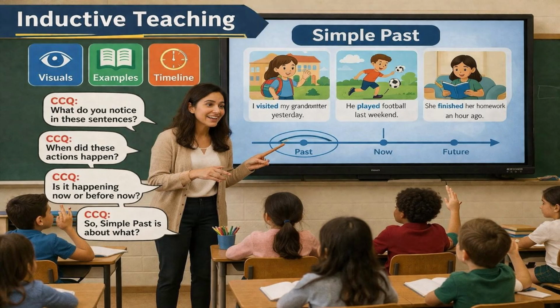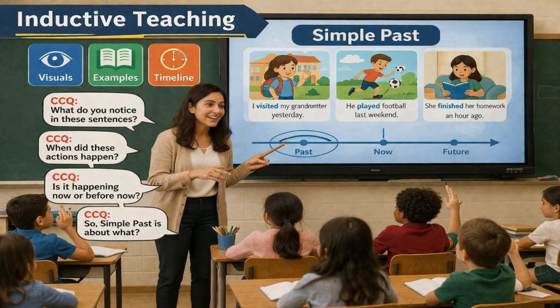For example, the teacher shows sentences like, "He played football yesterday. She visited her grandmother." Then asks, "When did these actions happen? Is it in the past or now? Is the action finished?" Step by step, students begin to notice the pattern and understand that this is the simple past.